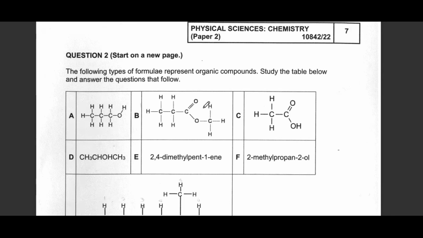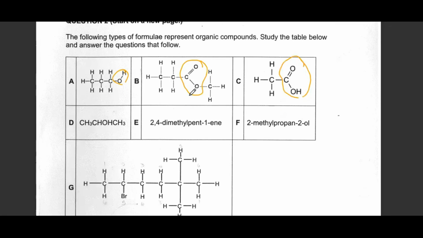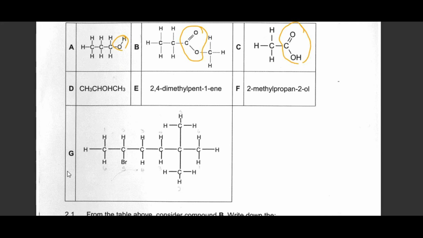So if you look at this, we shall find out that this is an alcohol because of that, this is an ester because of that, this is a carboxylic acid because of that, and then this is an alcohol because of that, and then this is alkene because of that, and then this is also another alcohol because of that, and then this is a haloalkane. Yes, because of that, or mainly because of that.